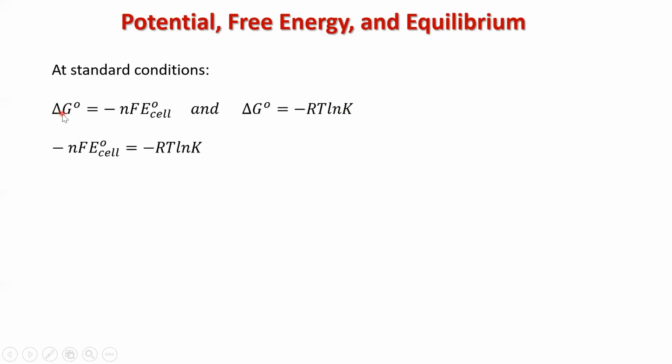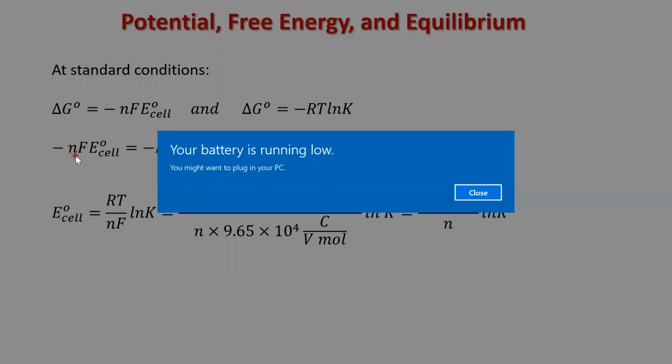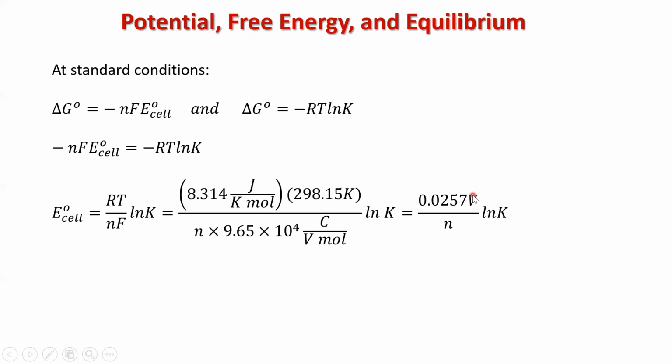Since we've got delta G here and we've got delta G here, this value equals this value. Now, if we want to calculate just the potential difference, we would just divide both sides by negative NF, and that gives us a new equation.